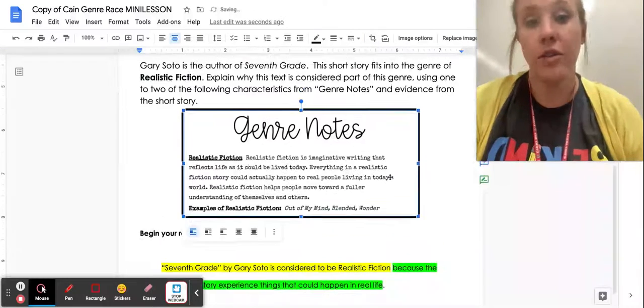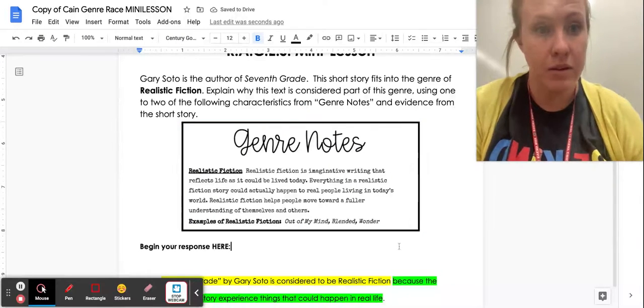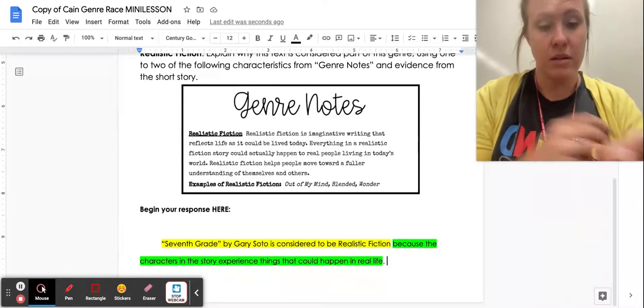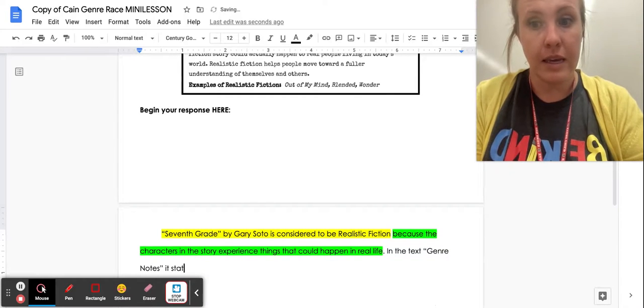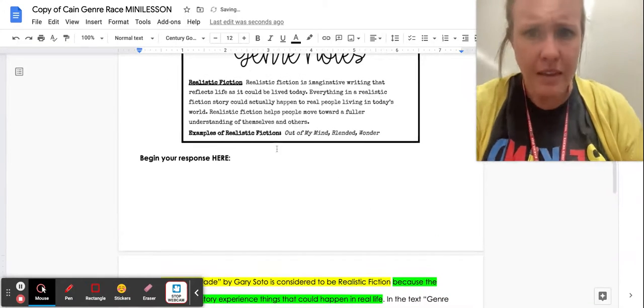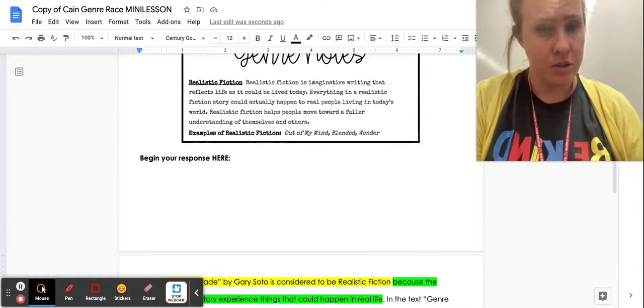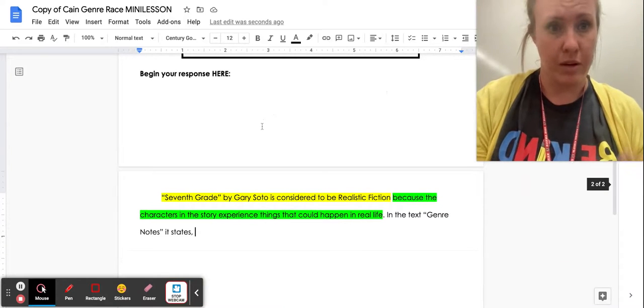Now I need to find some evidence. I'm going to use evidence from the genre notes, and I'm going to use evidence from the story. You'll start this with a sentence framer. So we'll say, in the genre notes, it states, and I think this one here, everything in a realistic fiction story could actually happen to real people living in today's world. I think that one sums up everything, so that's the one we're going to use.